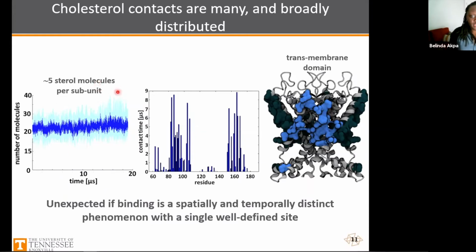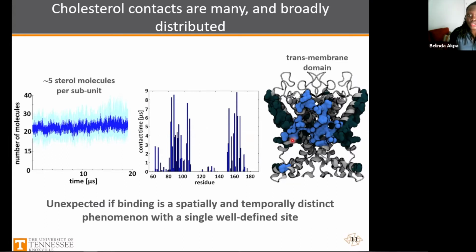Okay, that's interesting. We can plot a histogram, count how many contacts each residue experiences with sterol molecules over the course of the simulation, put the contact time on the y-axis, and identify the residue on the x-axis. We actually find that there's a large number of residues that seem to have frequent contacts with the sterol molecules.